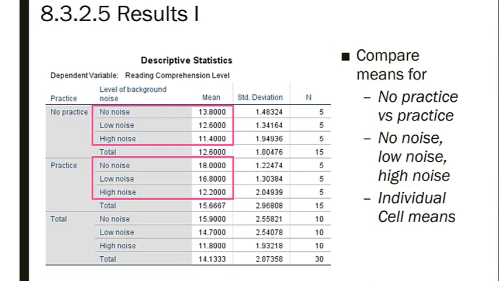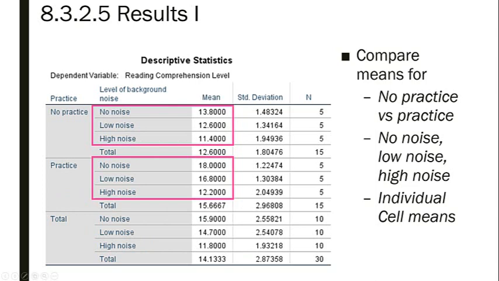Finally, let's compare individual cell means. So if you think back to that table before, we had 6 cells organized in a 3x2 grid. Right? So based on no noise, low noise, or high noise as a function of no practice or some practice. So these 6 values in these 2 pink boxes reflect what I'm calling the individual cell means.